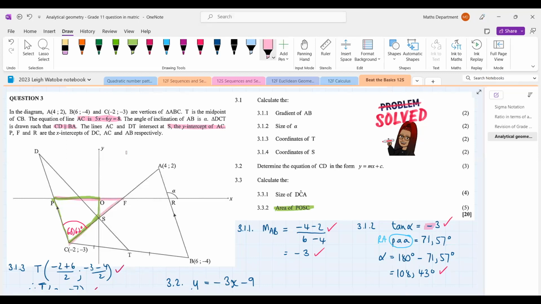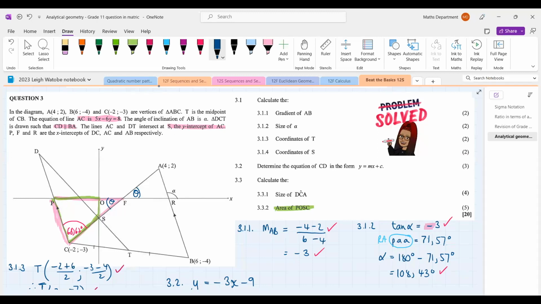Ma'am, what I was doing was, since we already know that angle that you originally labeled as theta, which was 39,81, we can use vertically opposite angles to get that angle inside the triangle.